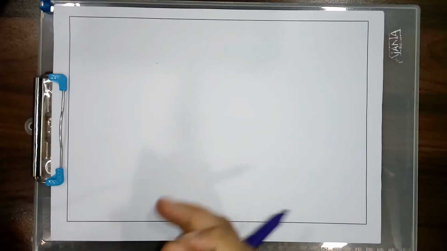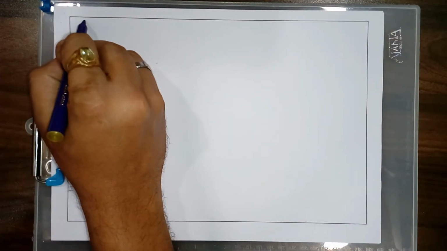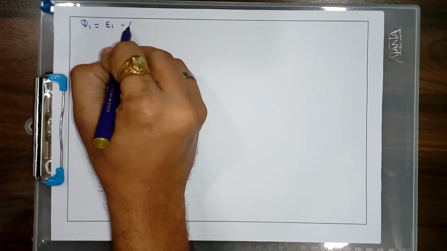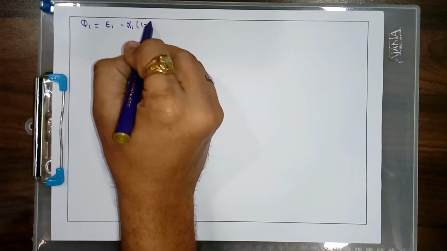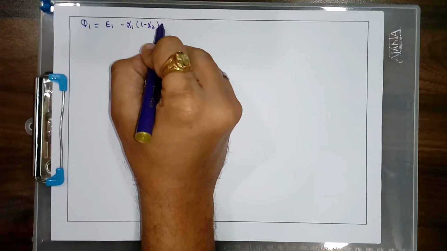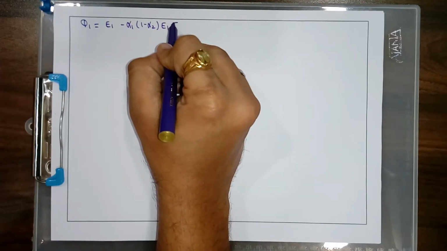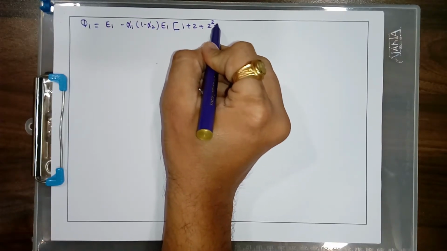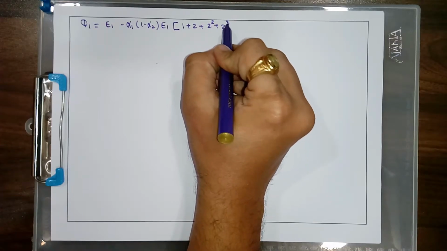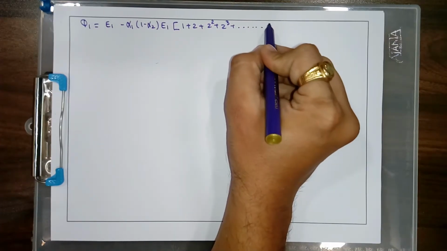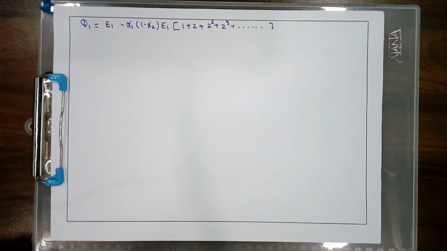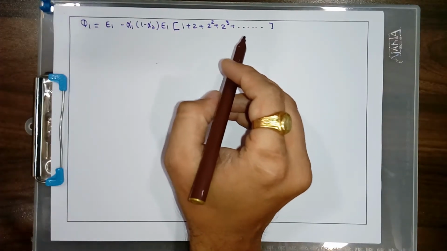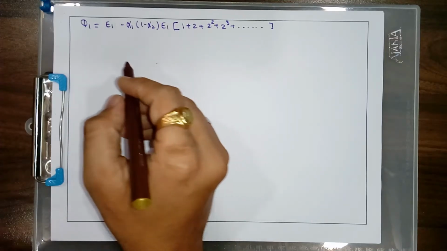I again write the same expression: Q1 equals E1 minus alpha 1 (1 minus alpha 2) E1 in the bracket 1 plus z plus z square plus z cube and so on. Here you can observe this bracket is a series which is a geometric progression, GP.